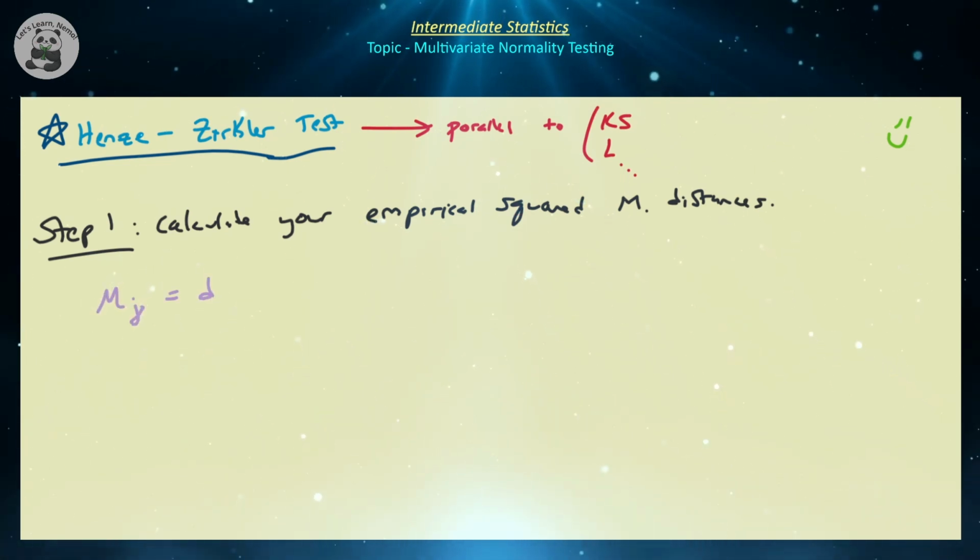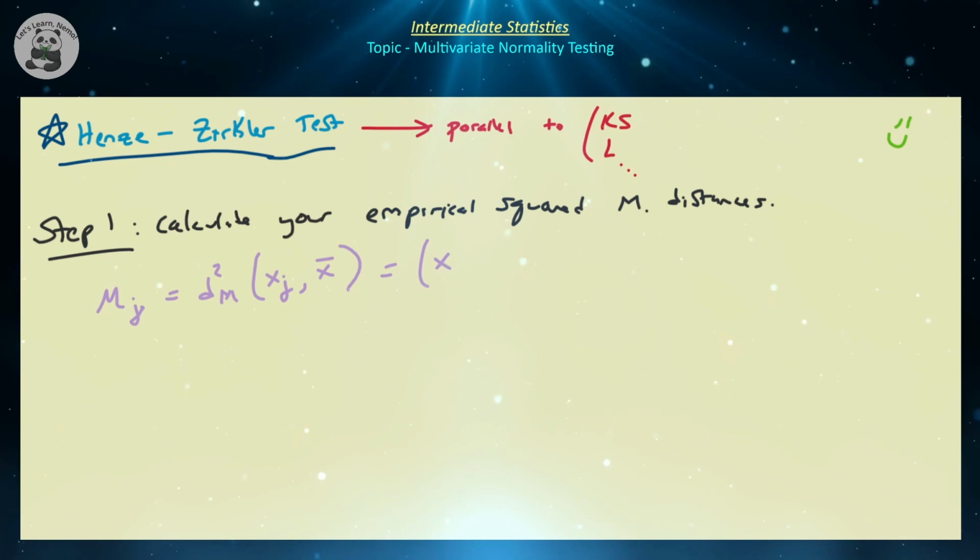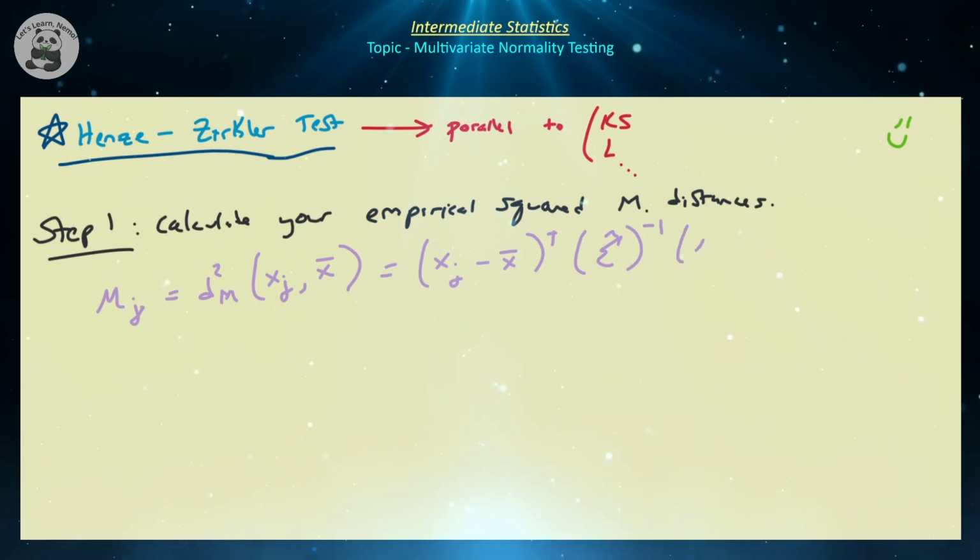It's going to be equal to the squared Mahalanobis distance between xj and x bar. So that's equal to, again, xj minus x bar transpose times our sample covariance matrix inverted times xj minus x bar. Right? So that's the first thing that we need to do.